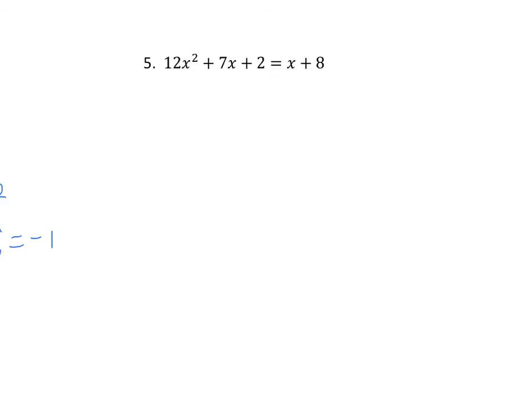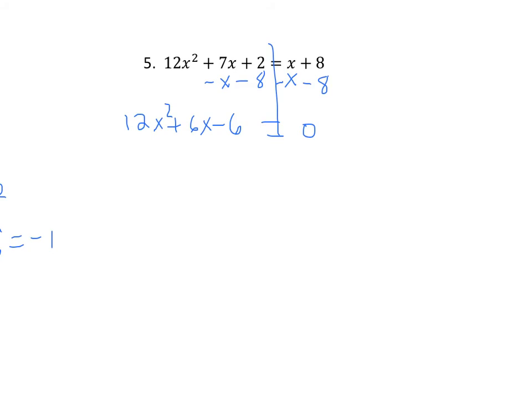Alright, here we have variables on both sides, so you have to get it equal to 0. Well, I like to keep a positive. See how it's already positive? So what I would do is subtract x, subtract 8. So I get 0 equals 12x squared plus 6x minus 6.